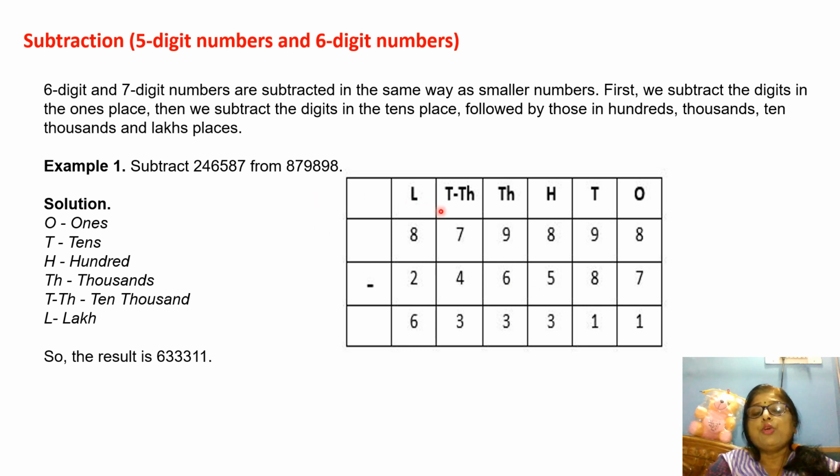In this way, you make the column and write down the respective digits and then subtract. First you subtract the column of ones, then tens, then hundreds, then thousands, then ten thousands, then lakhs. And then you get the final answer. In the last column, this is your final answer.